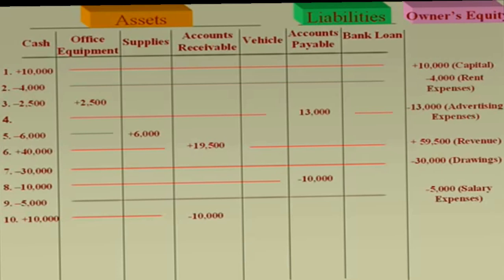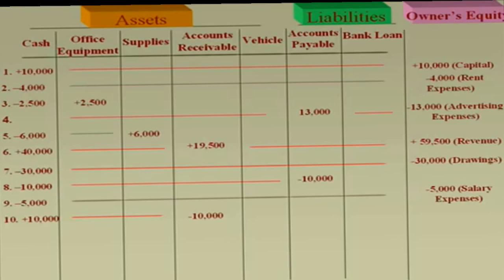So the double impact is cash goes up 10 because you received money. Accounts receivable is minus 10 because since they paid you, they owe you 10,000 less. The good news is we're almost home.